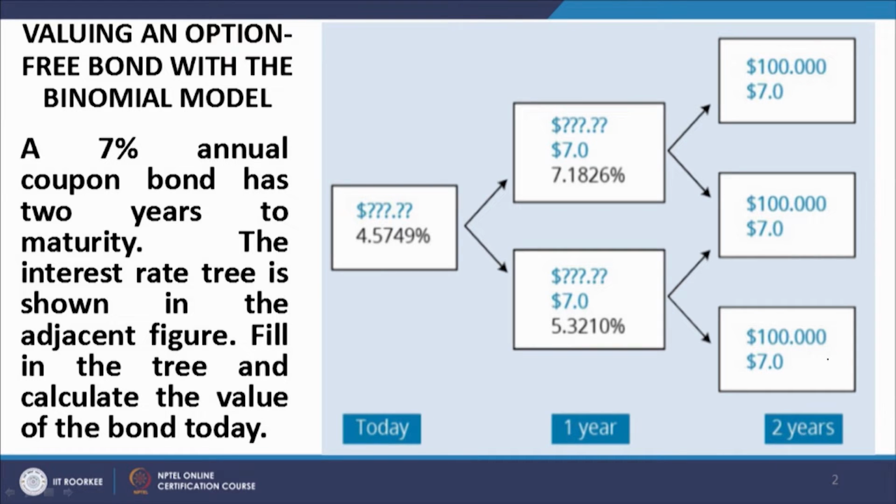This is t equal to 0, this is t equal to 1 and this is t equal to 2. So, on a perusal of this tree, what we find is that for a deposit, that is, the forward rate starting at t equal to 0, that is obviously the spot rate, for the period from t equal to 0 to t equal to 1 is 4.5749%.